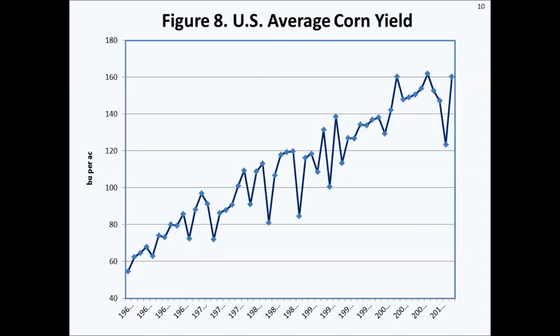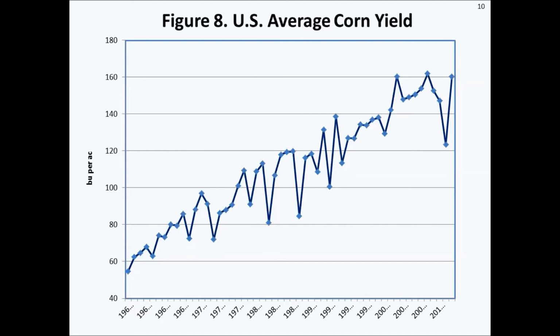We don't have enough information at this point to make an informed calculation or informed expectation about yield. So what most of us do is settle on some concept of trend yield. But even there's a lot of difference of opinion about the correct way to calculate trend yield. Figure 8 shows you the history of actual corn yields in the U.S. since 1960, and that's the base period we use for calculating trend.